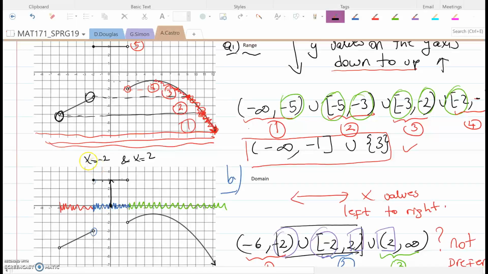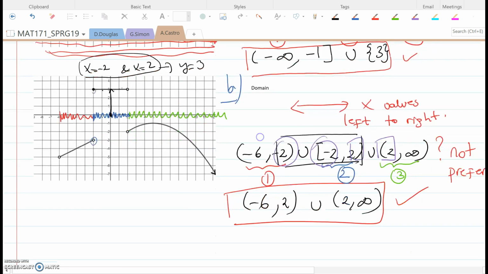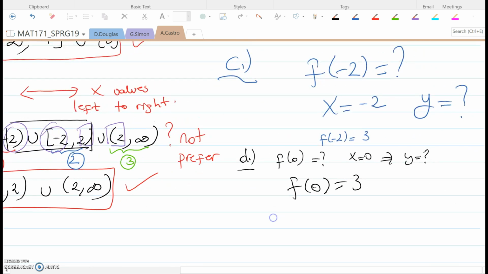So all the values between negative 2 and 2, the y values are equal to 3. That's why we have put it in range. It's like a constant function there. All right? So f of 0 is 3.